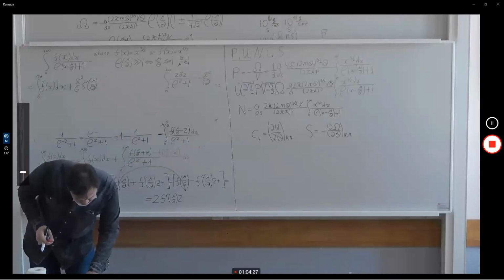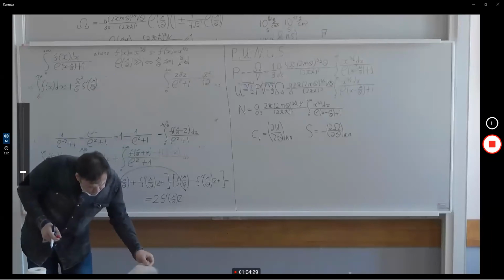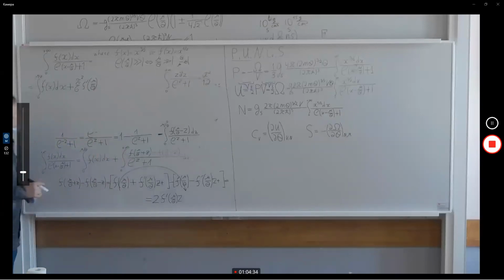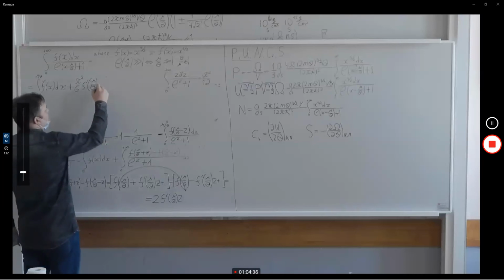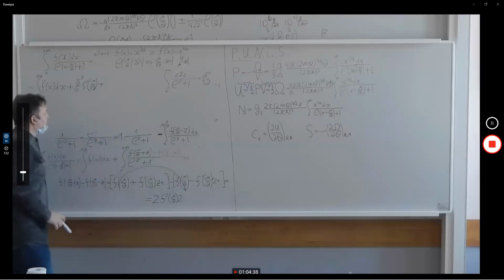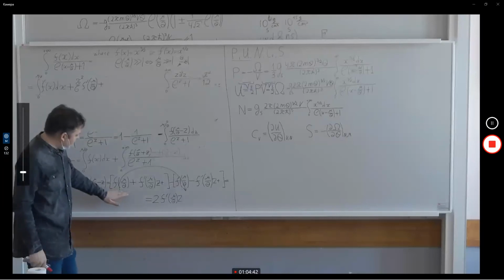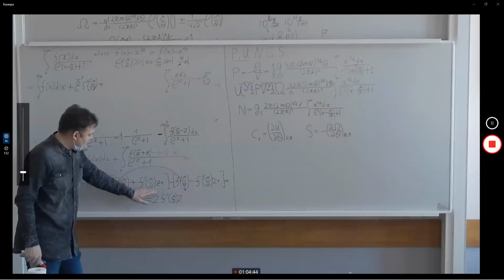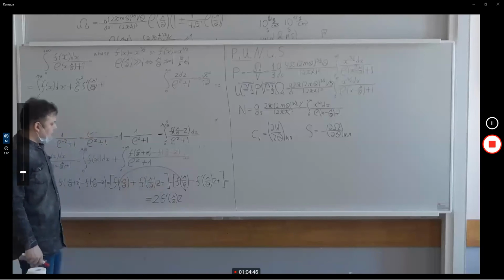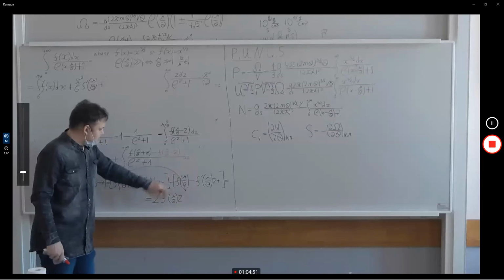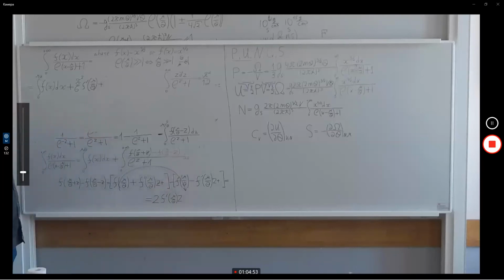Is it okay? Okay, it's correct. In principle, we may have higher corrections. To find these higher corrections, we should make a Taylor expansion, not up to the first order, but up to the third order. The second order will cancel out. It's not difficult to observe this fact.